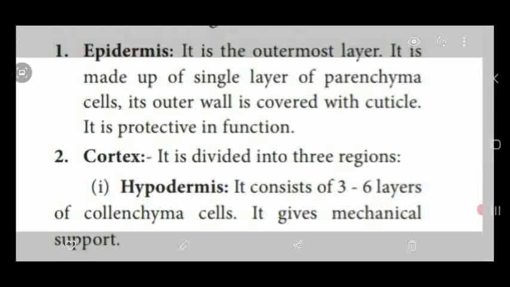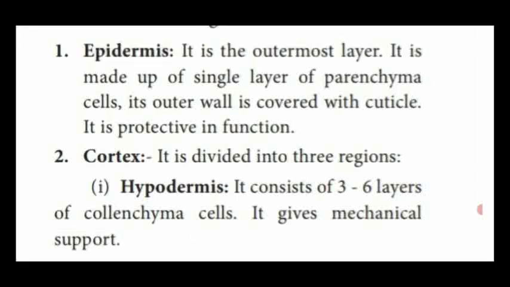These intercellular spaces have darkened thickenings, and that type of cells are called collenchyma cells. So these collenchyma cells give a mechanical function, that means they give strength to the plants. That region is called hypodermis.